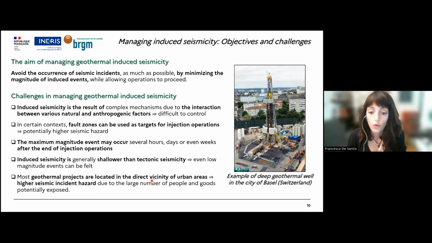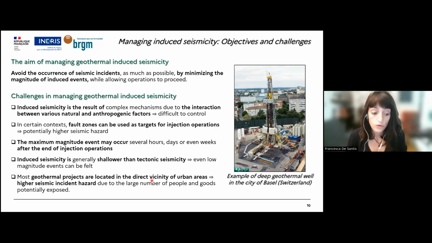really related to the operations in deep geothermal exploitation, such as, for example, the fact that sometimes we need to target fault zone during injection operation, which can potentially increase the seismic hazard.